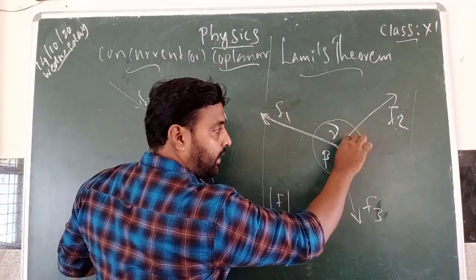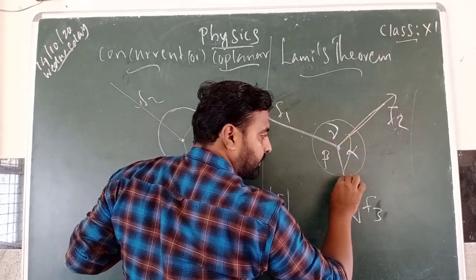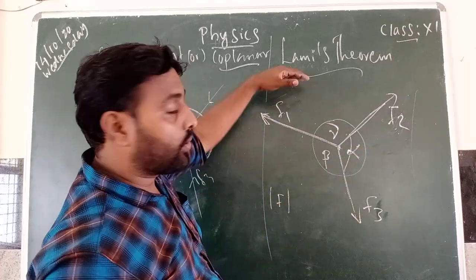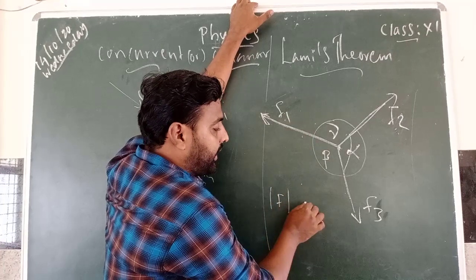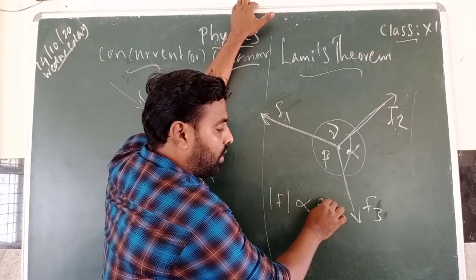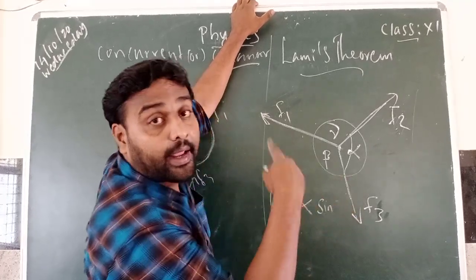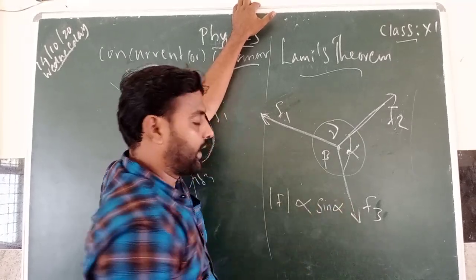This is the angle between these two forces, alpha. So the magnitude of F1 is proportional to the sine of the angle between the other two forces, so sin alpha.